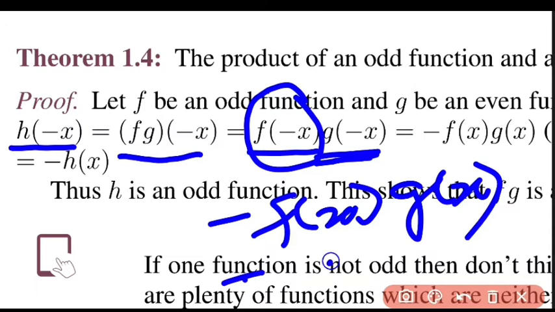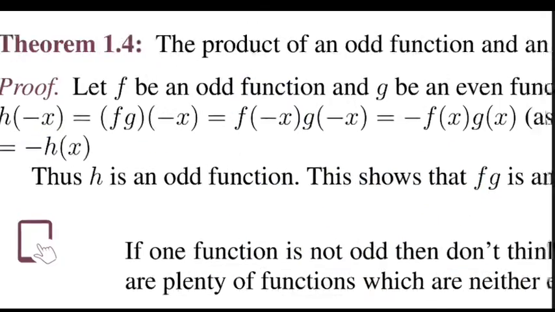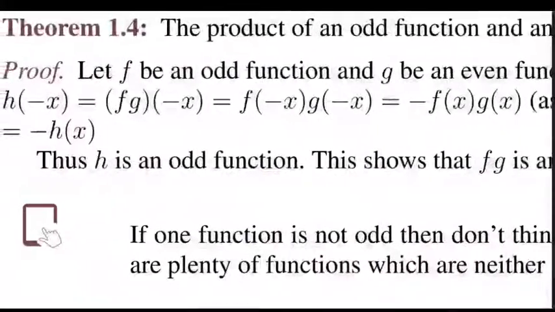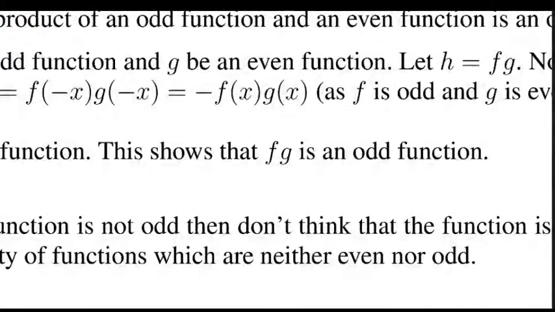So this is minus f into g(x), that is minus h(x). So h(minus x) becomes minus h(x), therefore it's an odd function. This shows that fg is an odd function.